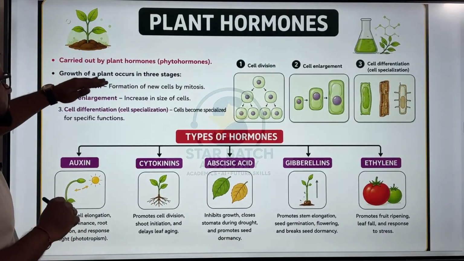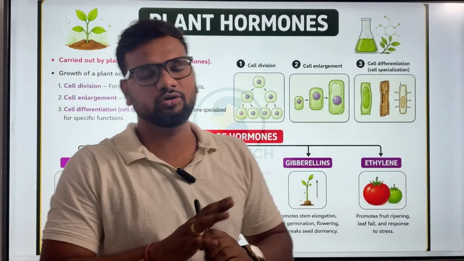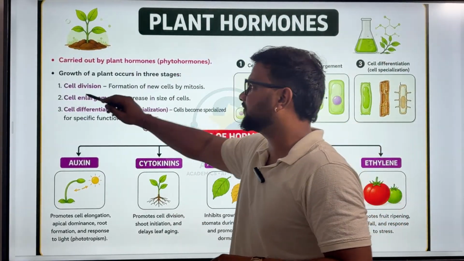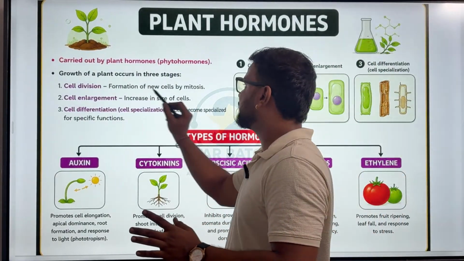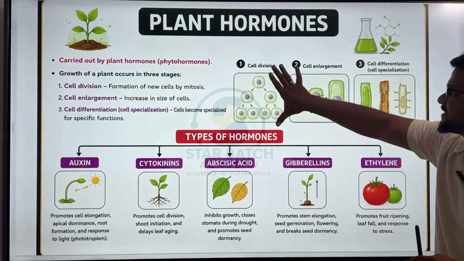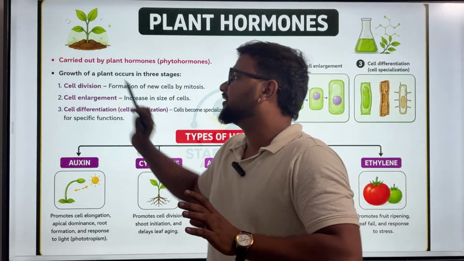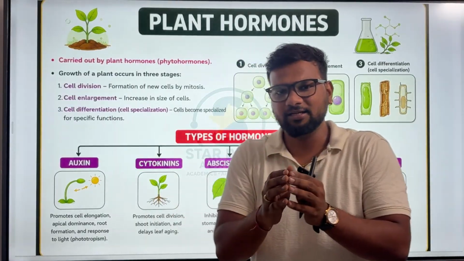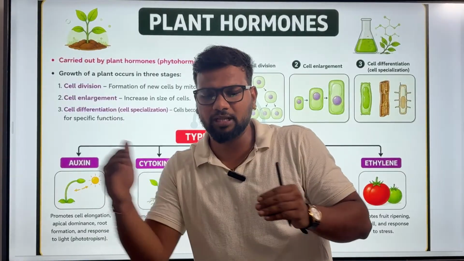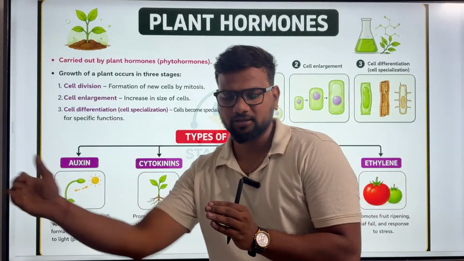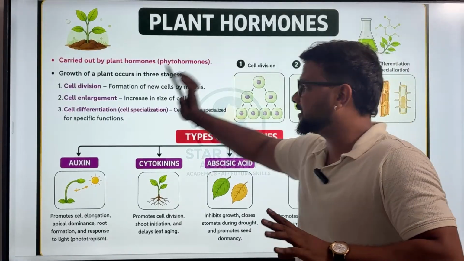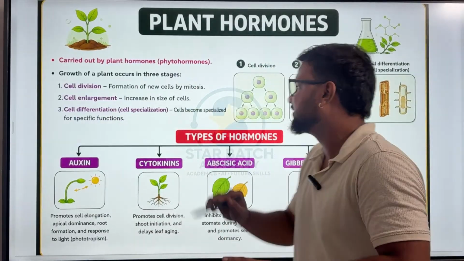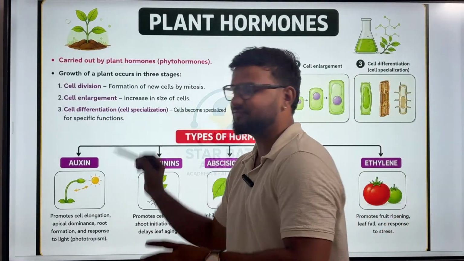First, growth of the plant occurs in 3 stages. The first is cell division, formation of new cells by mitosis. Next is cell enlargement, where the cell becomes larger, increasing in size. Then cell differentiation, where the cell becomes specialized for a specific function.